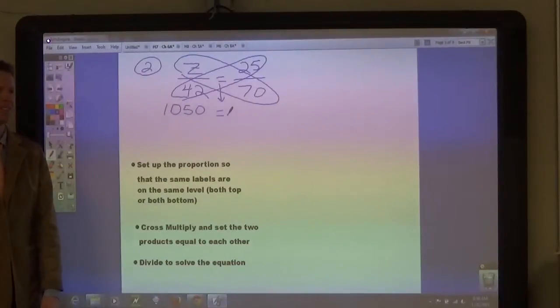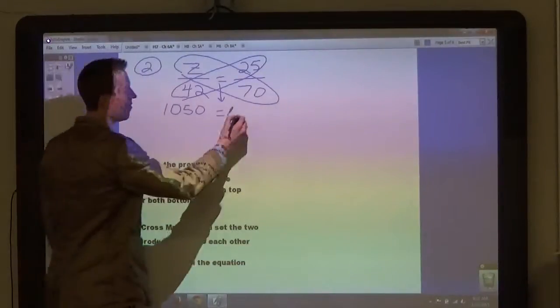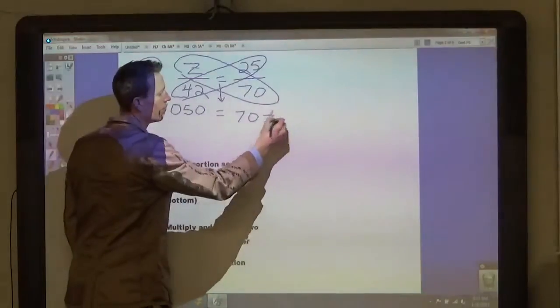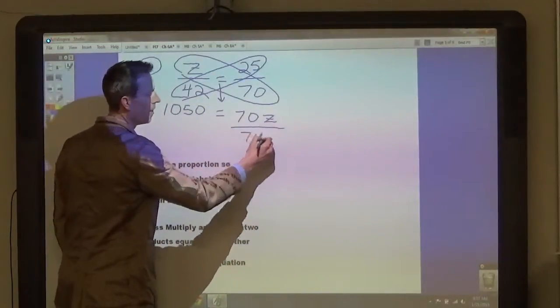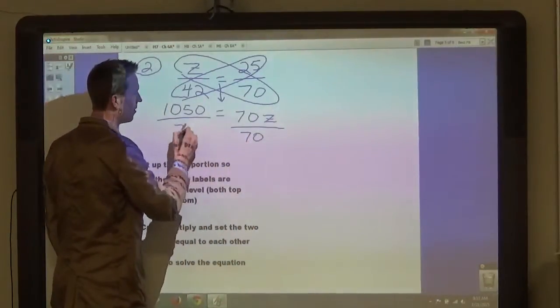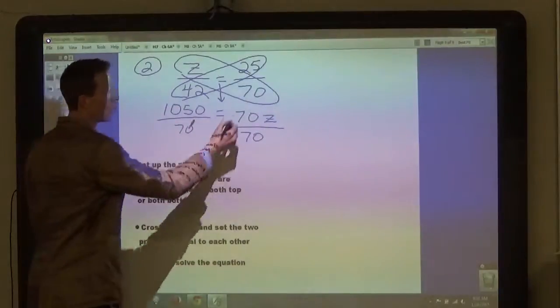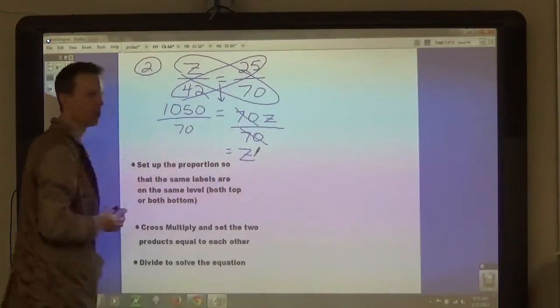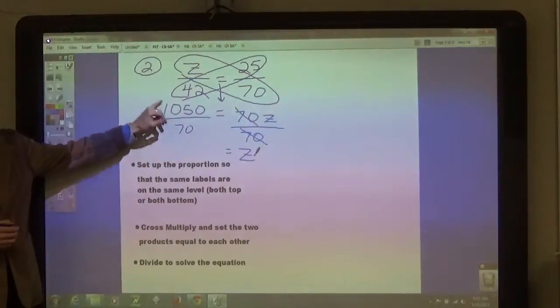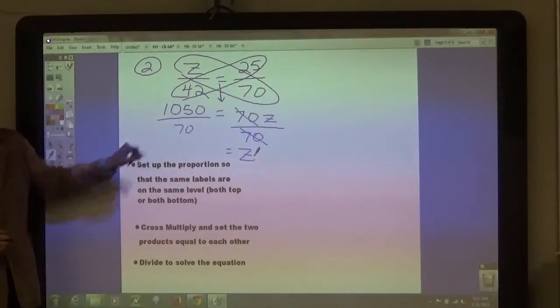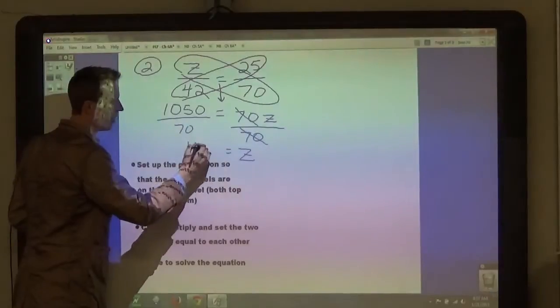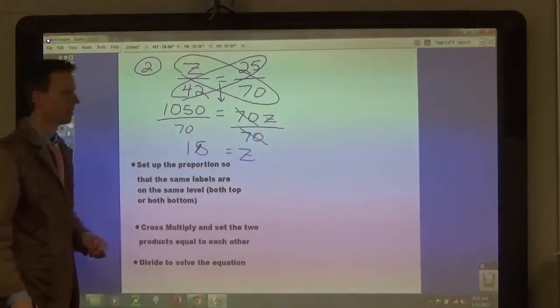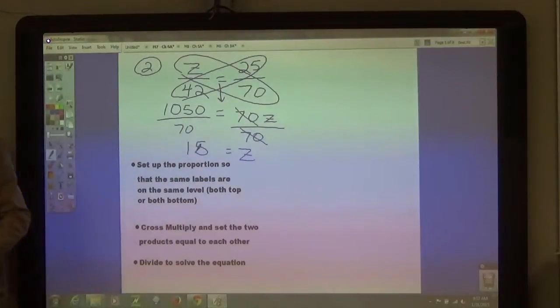Equals what? Dylan? 70Z. Divide by 70 to solve for Z. Cross out the 70s. And Z equals what? Put it in your calculator. 15. Yep.